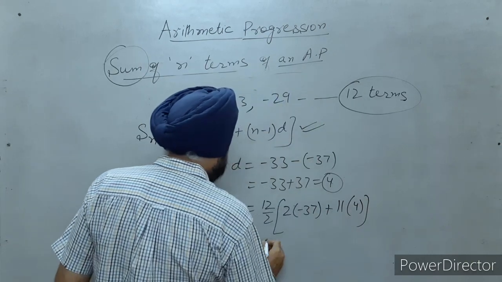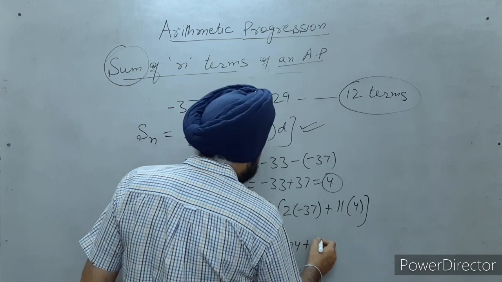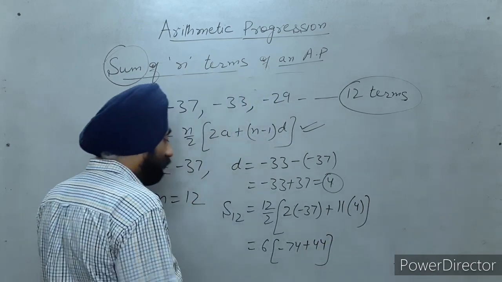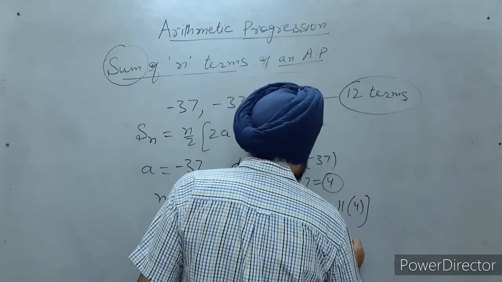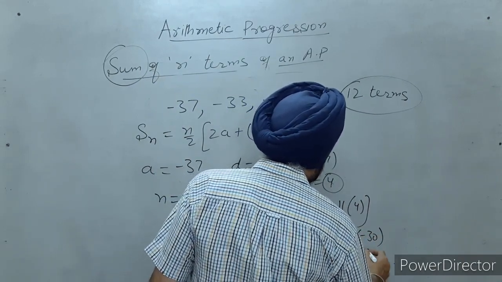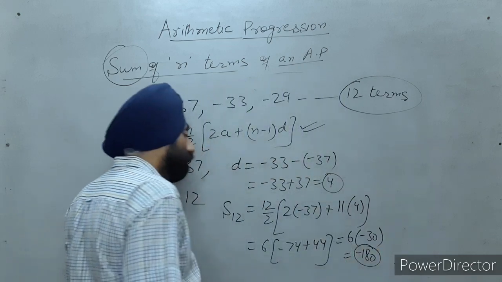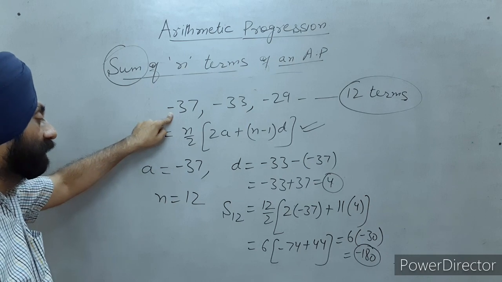We get 6 times (-74 plus 44). -74 plus 44 is -30. So I get 6 into -30. The answer is -180. This means the sum of the 12 terms of this AP is what?